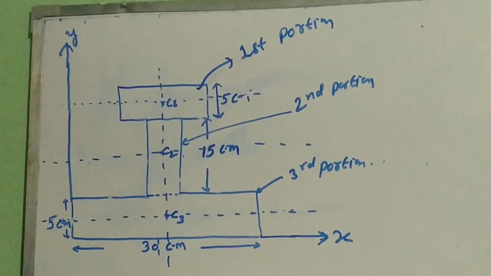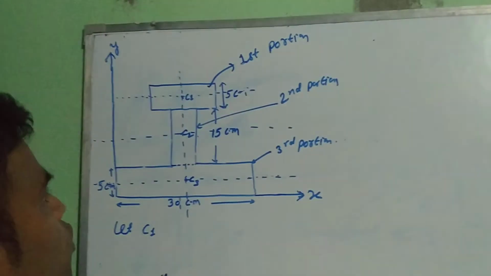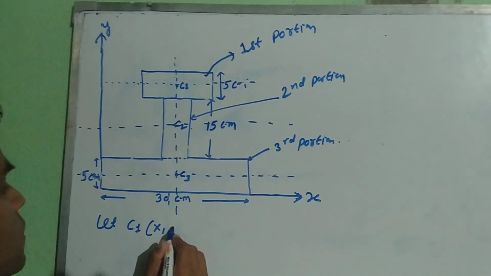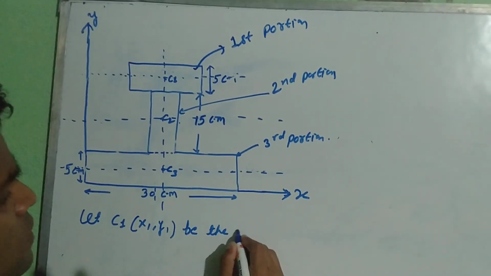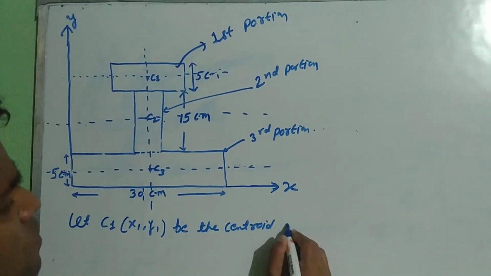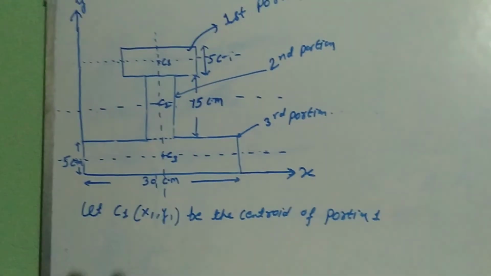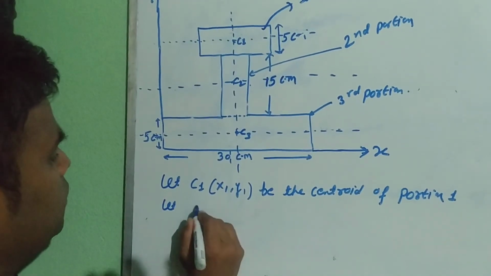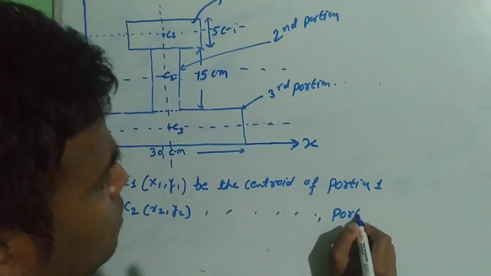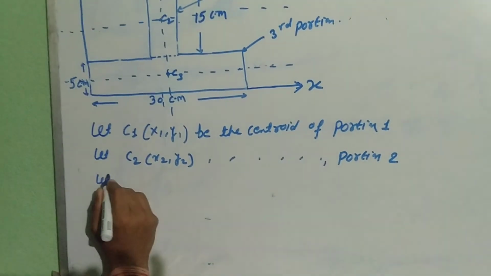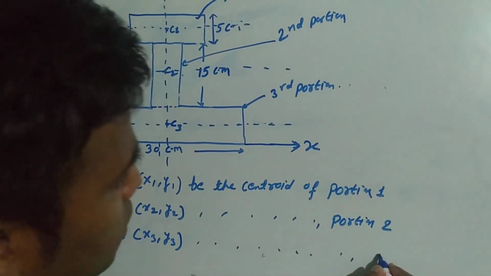Let C1 be the centroid of portion 1. Let C2 (x2, y2) be the centroid of portion 2, and C3 (x3, y3) be the centroid of portion 3.